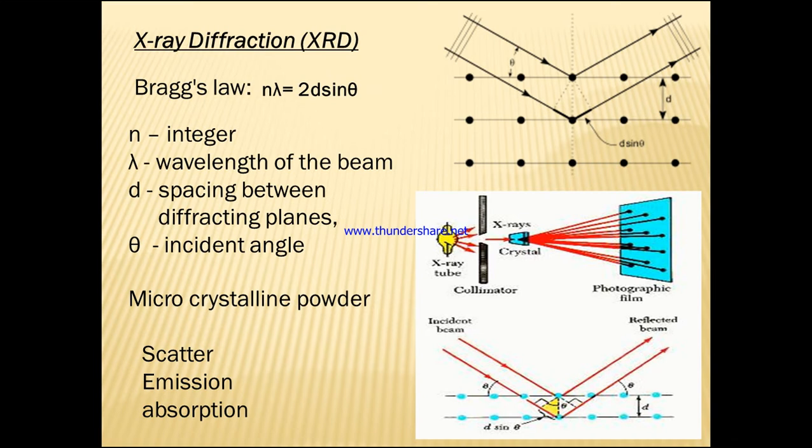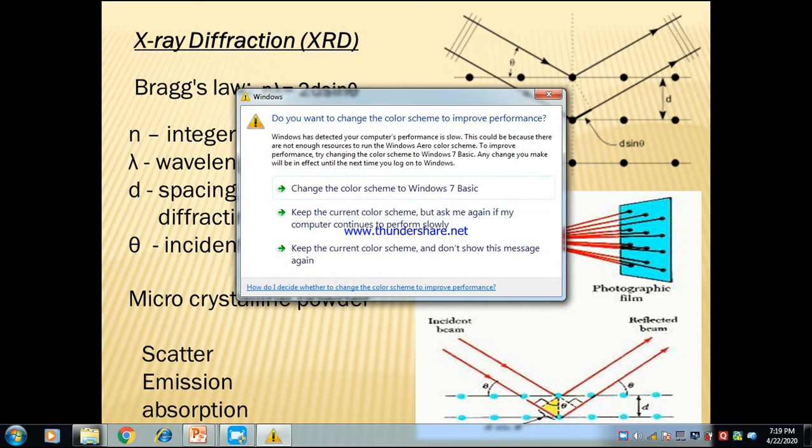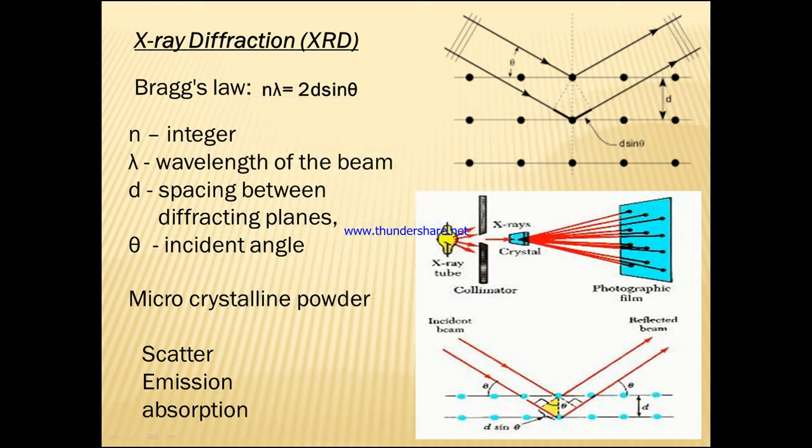The incident ray which falls on the sample is deflected or reflected, giving us the analysis of compounds, elements, or samples. The incident rays are scattered, and emission takes place, that is, electrons are emitted when they collide with the molecules, as well as absorption.